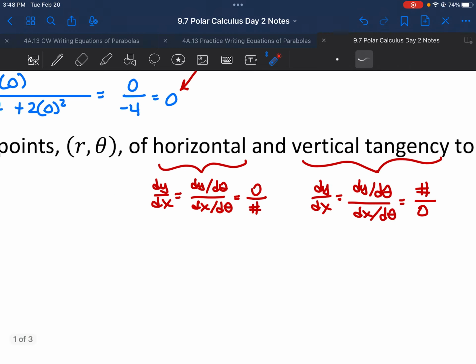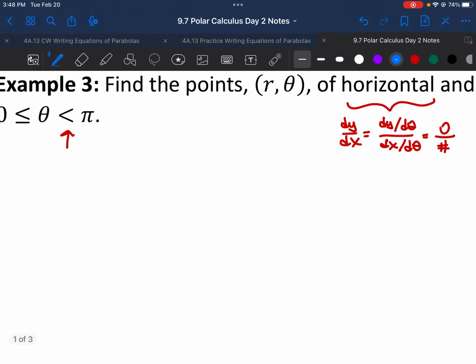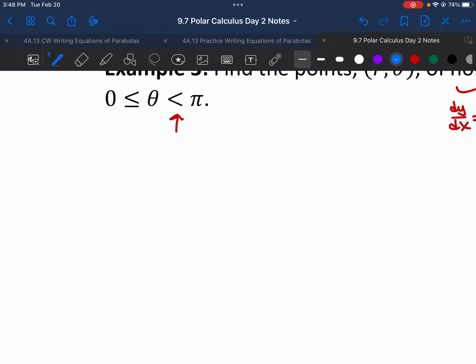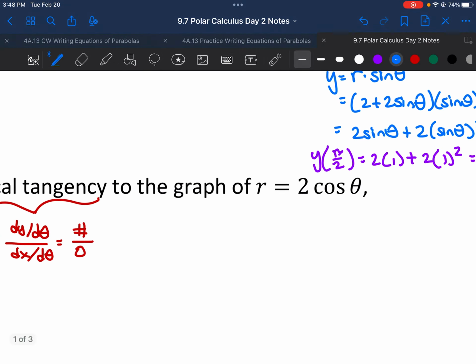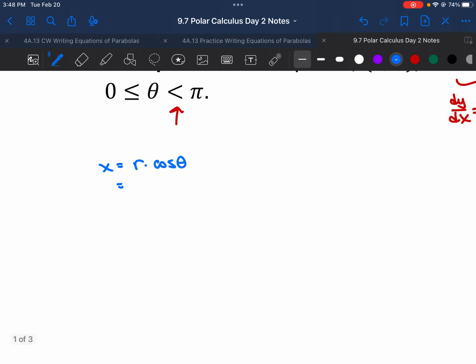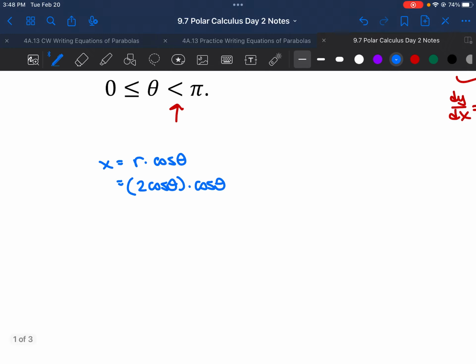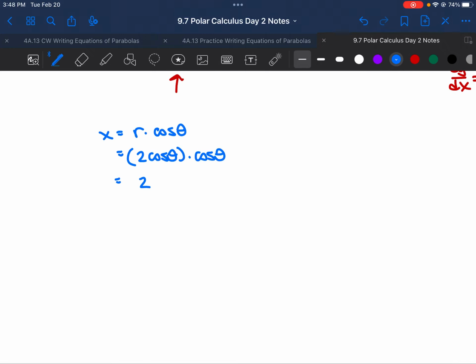To find dy d theta and dx d theta, we should probably go ahead and find x and y in terms of theta. So x in terms of theta is r times cosine theta. R itself is 2 cosine theta, so this is 2 cosine theta times cosine theta, which is 2 cosine theta squared.